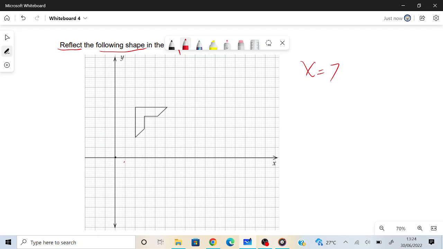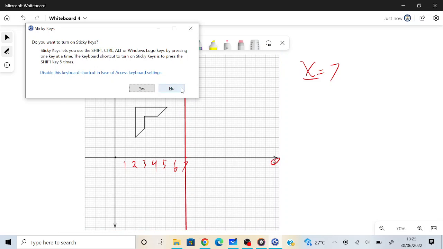We can say, okay, this is 1, this is 2, this is 3, this is 4, this is 5, this is 6, 7. Note that it said x equals 7, so we are working with the x-axis. And x equals 7 is simply something like this. Trace it all the way up to there, and we know that this also extends to the bottom, into the negative part.